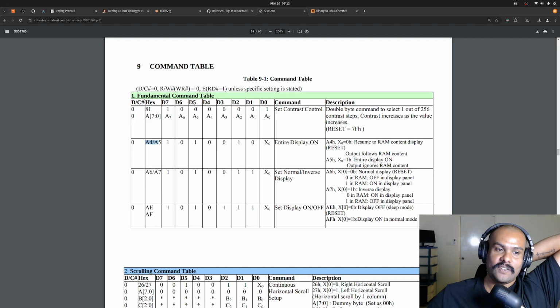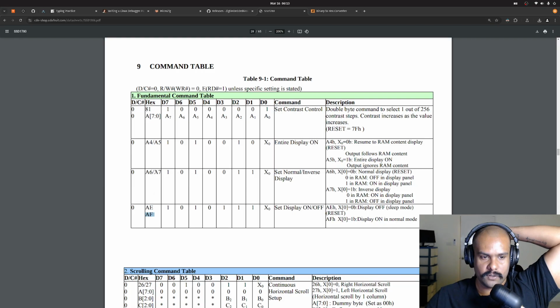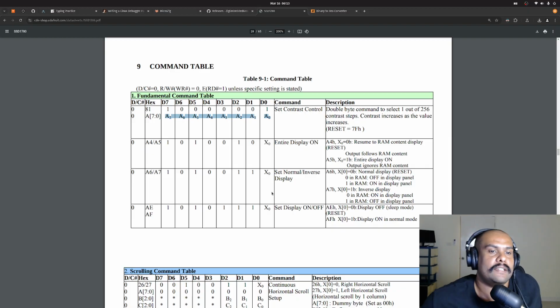Oh well, it does say hex. Also, AE and AF is the hex value. Okay, I've been reading this totally wrong. A7654321. Yeah. Okay.